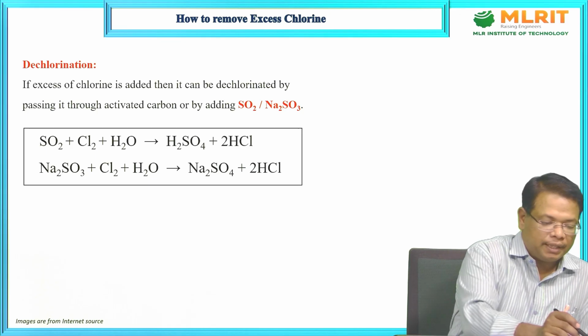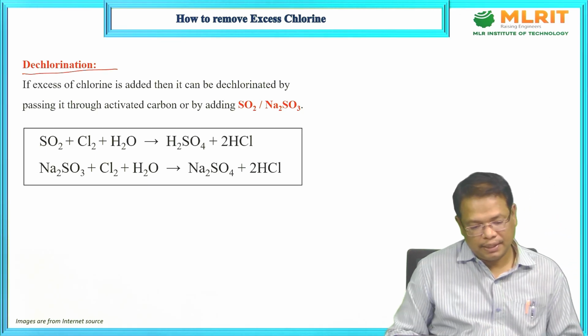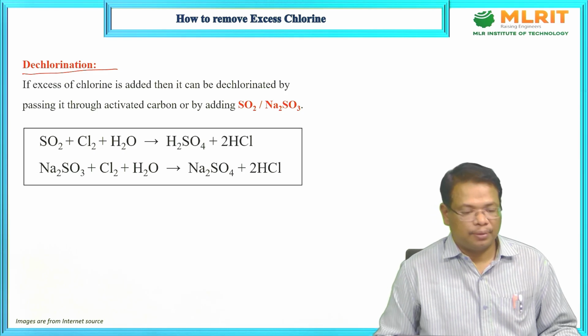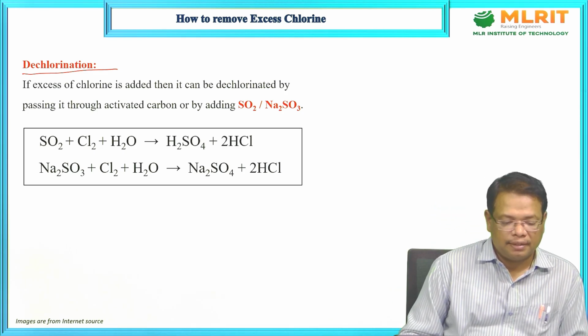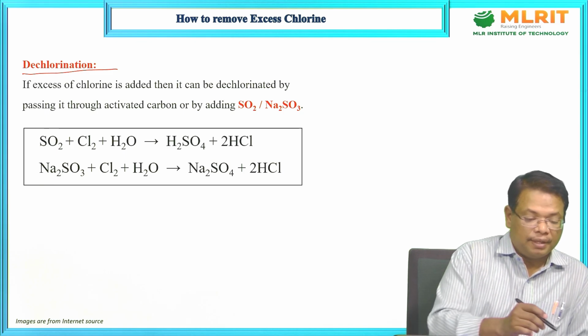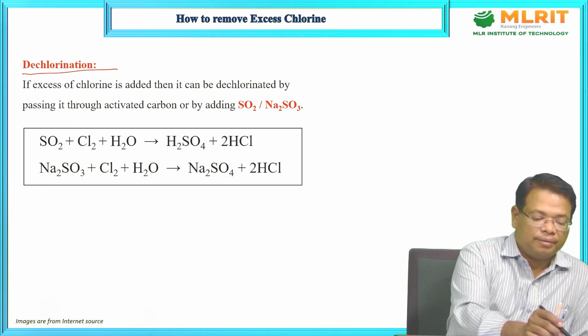So, dechlorination. If the chlorine is exceeded in our sample water, then we have to remove that excess chlorine. For that, there is a chemical process.